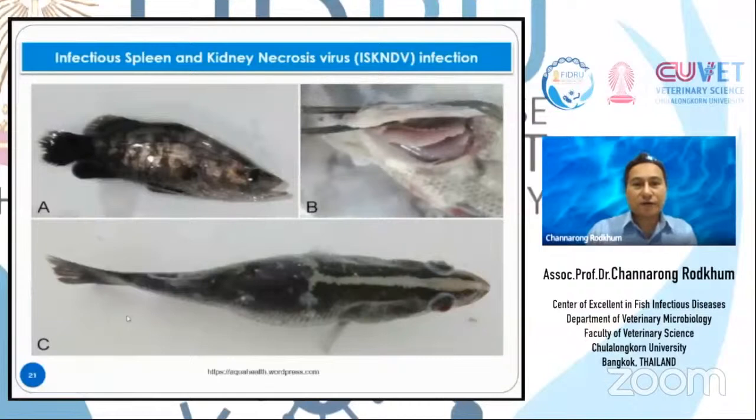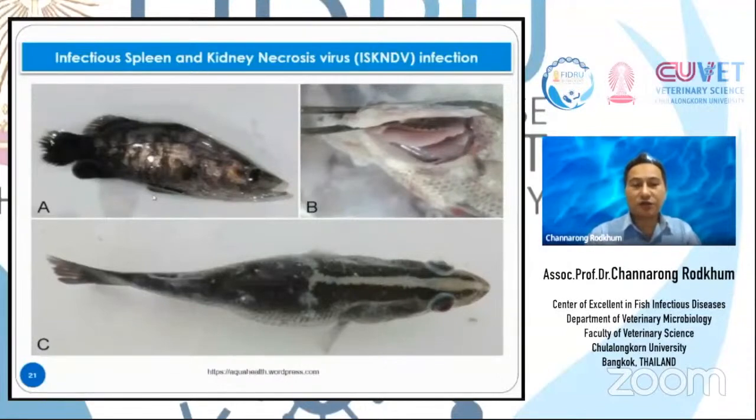The next disease is from a virus also, infectious spleen and kidney necrosis virus or ISKNV infection. When you see small fish infected with ISKNV, you can see an obvious color change of the fish.